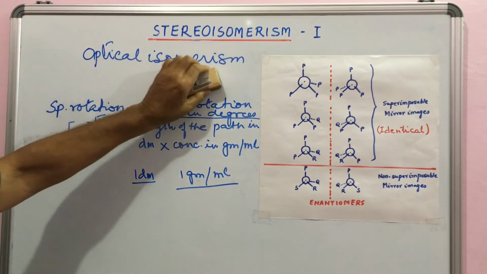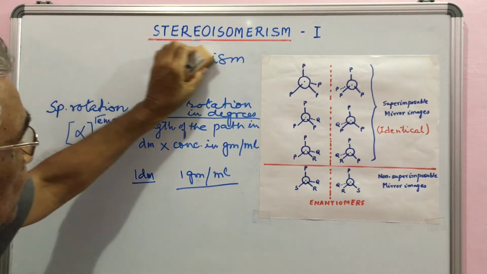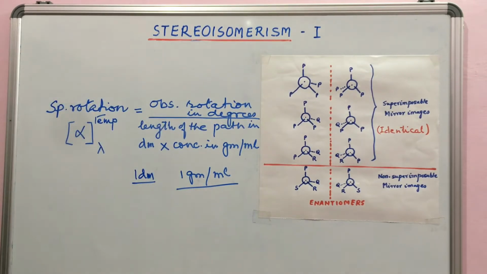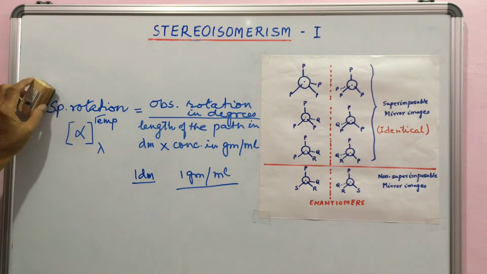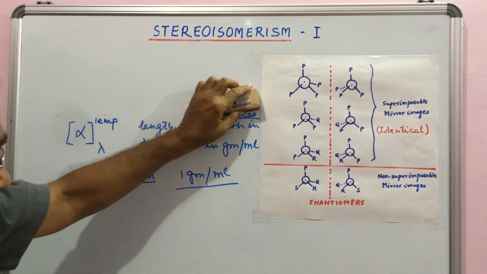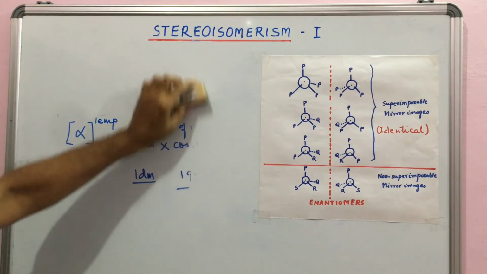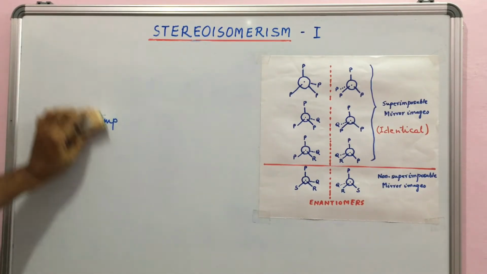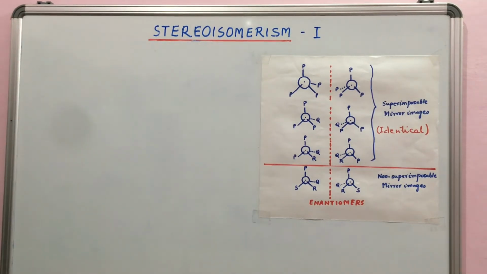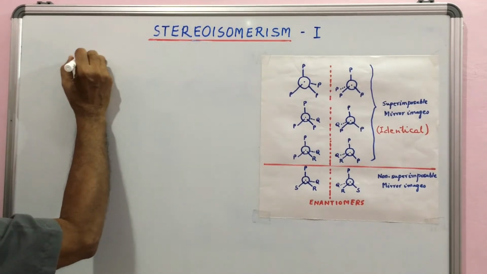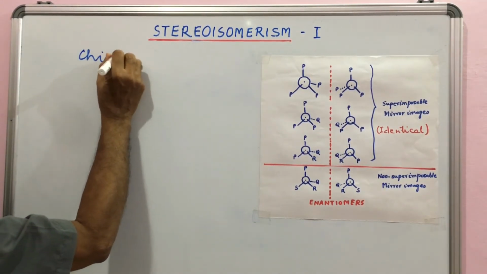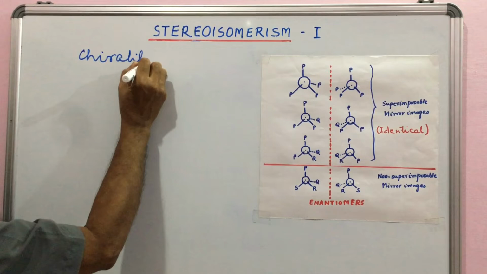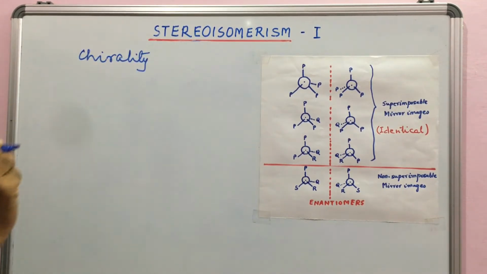Now the question arises as to what brings this optical activity in that particular compound. Why are not all compounds optically active? So, there is a term chirality. It is this chirality in the molecule which brings optical activity.